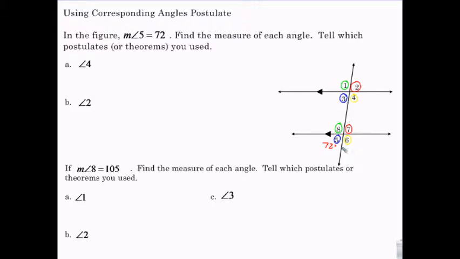Everyone that's the same color is the same degree. Well, 5 is 72. That makes 3 72. And I want to find angle 4. Angles 3 and 4 make a straight line, and we know straight lines equal 180. So to find angle 4, I'm going to do 180 minus 72, which is 108.